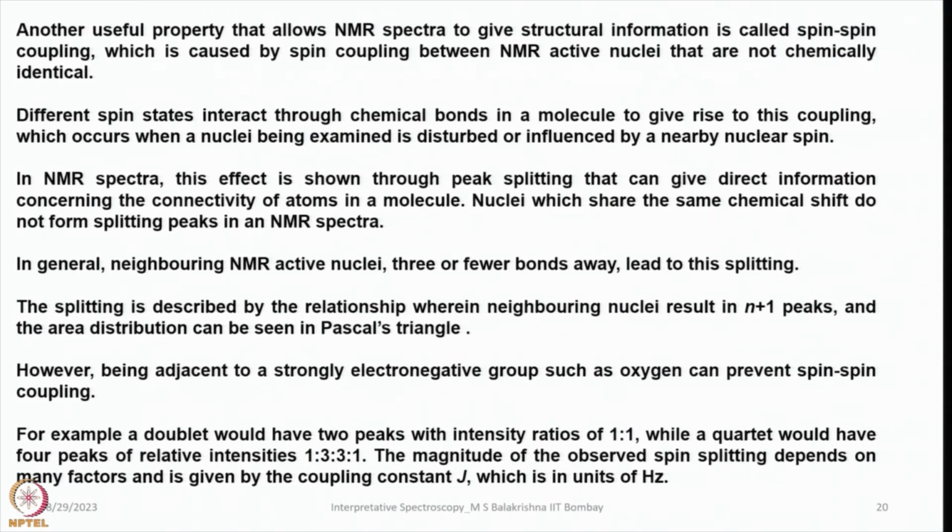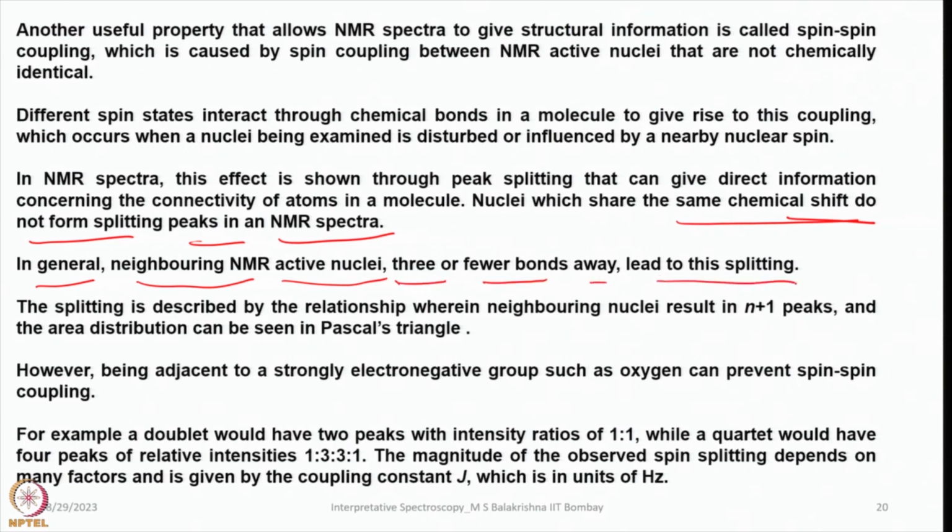Nuclei which share the same chemical shift do not form splitting peaks in an NMR spectrum. This is very, very important. In general, neighboring NMR active nuclei 3 or fewer bonds away lead to this splitting. This splitting is described by the relationship wherein n neighboring nuclei result in n+1 peaks, and the area distribution can be seen from Pascal's triangle.